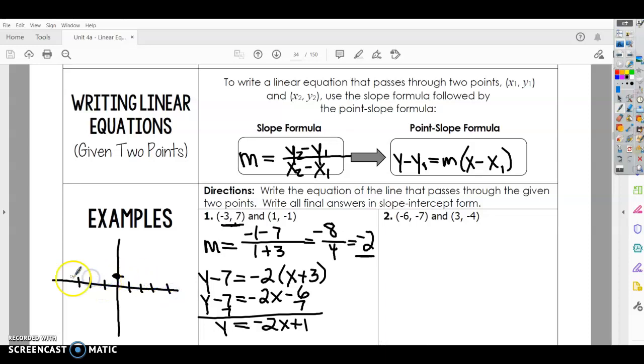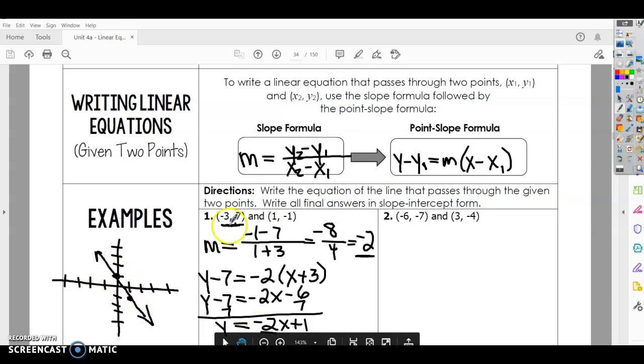This is a sketch, so I'm just sketching a graph real quick. All right, so negative 2. So I'd go from my y-intercept down to plus 1, because you always look at that as a fraction. Okay, and that would be how you graph it using the equation.